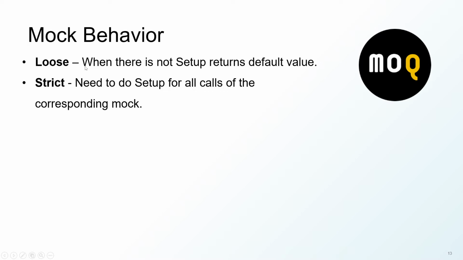So it's recommended to use strict. Strict will ensure that you have a setup for all the calls of the mock. So let's suppose, for example, you have three setups, for three calls to that mock. So you need to do a setup for each of them. And if you add another call in that function in the future, your unit test will break. So this is good.